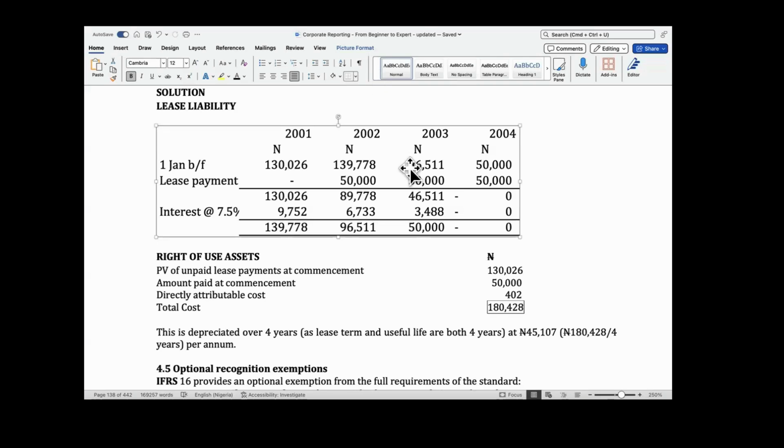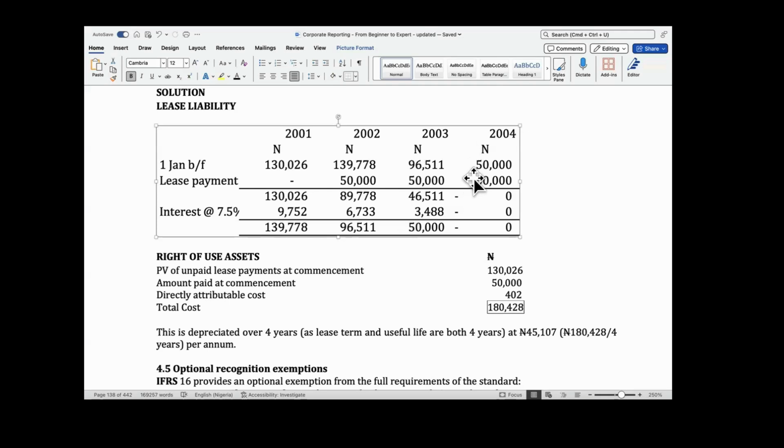Again, since the lease rental is paid at the commencement date, you deduct. That brings your balance to 46,511. Then you apply your interest at 7.5%. That will give you 3,488. When you add that together, it comes to 50,000, which you're going to carry forward next year.